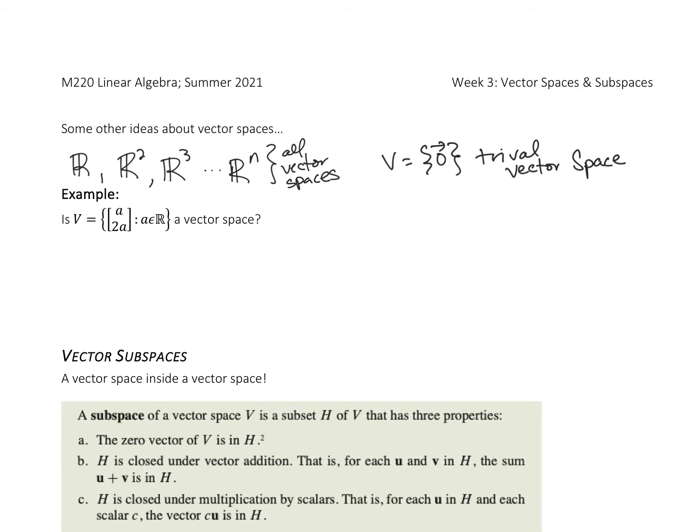So this vector space is (a, 2a). You'll notice that we at least have some relationship between these two things.